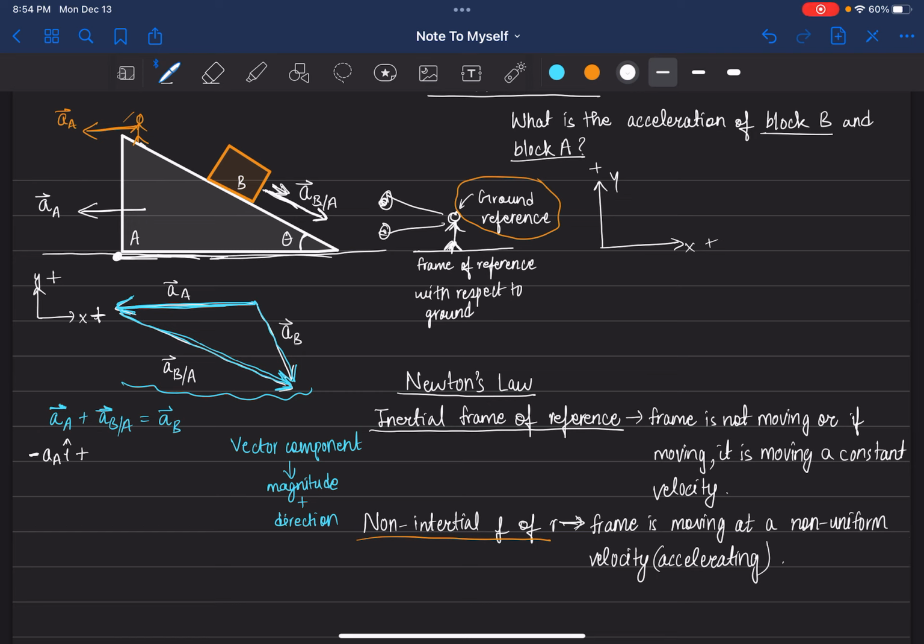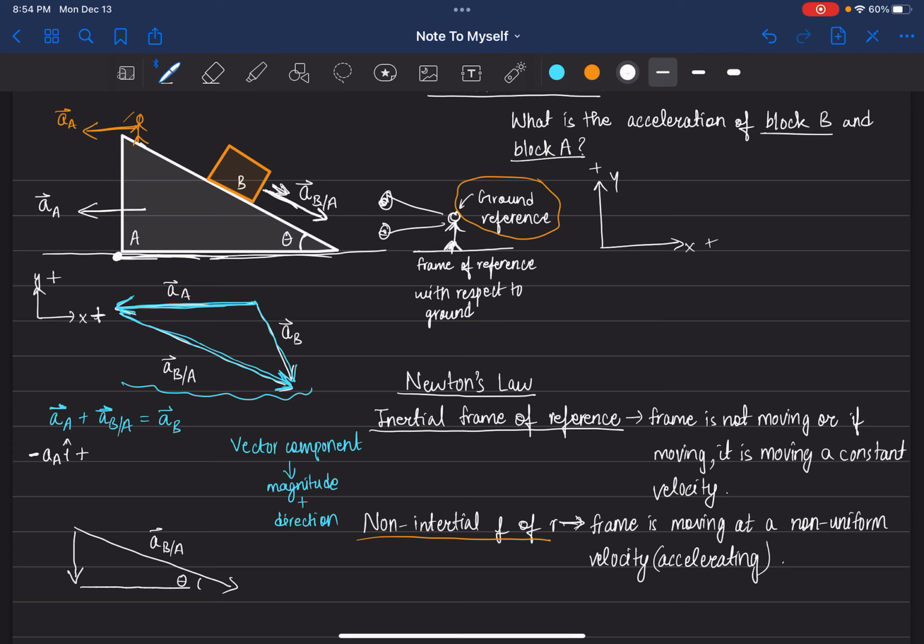Now let's see, acceleration of B with respect to A, right? Acceleration of B with respect to A is parallel to the incline. And I know the angle, this is theta. So that means I can basically get the vector components of this. So I have acceleration of B with respect to A. I know this is theta with the horizontal.